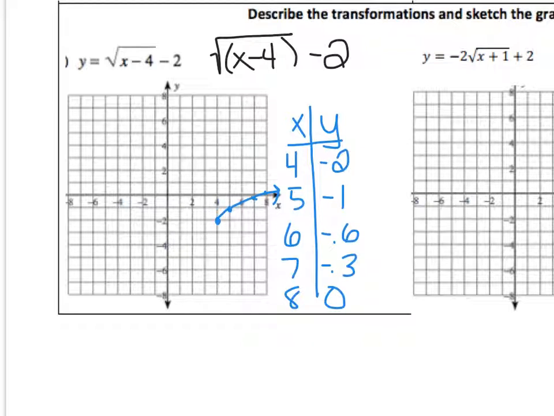Now I'll tell you that the parent function for radicals starts at 0. So it's going to be around here. So what's the shift from our parent function to this one?